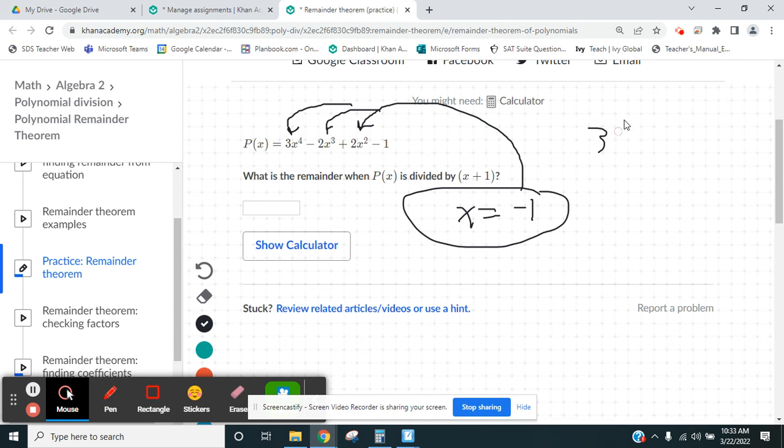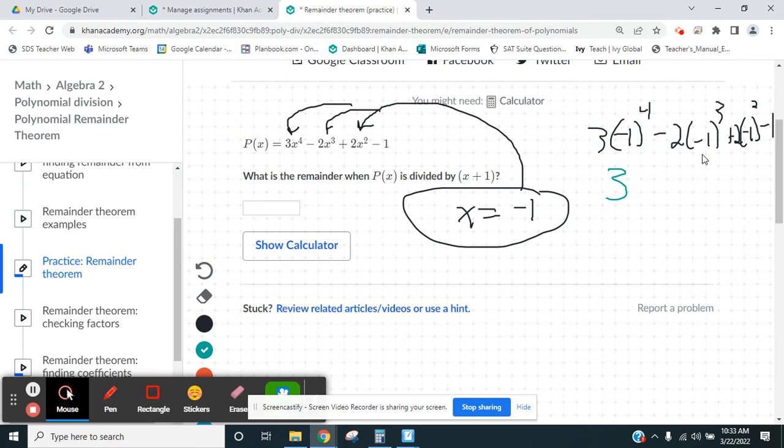Plug it in. Don't forget, when you take a negative number to an even power, it turns it into a positive. That's 1. 1 times 3, 3. Remember, do exponents first. This was a common math mistake, common algebra mistake, right?